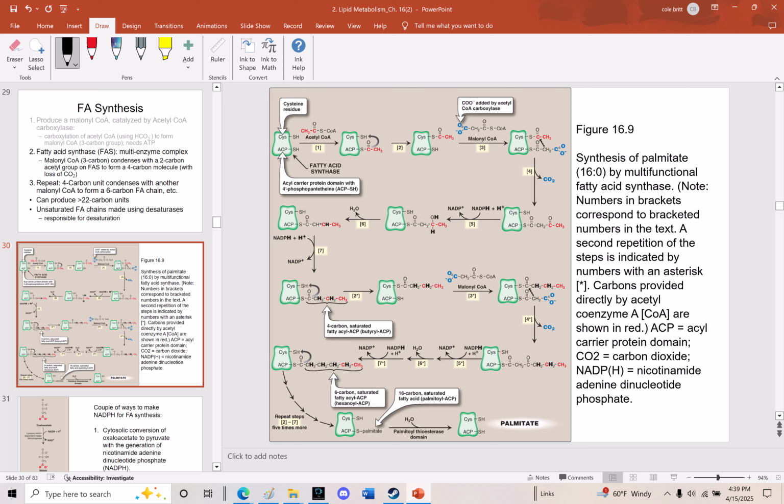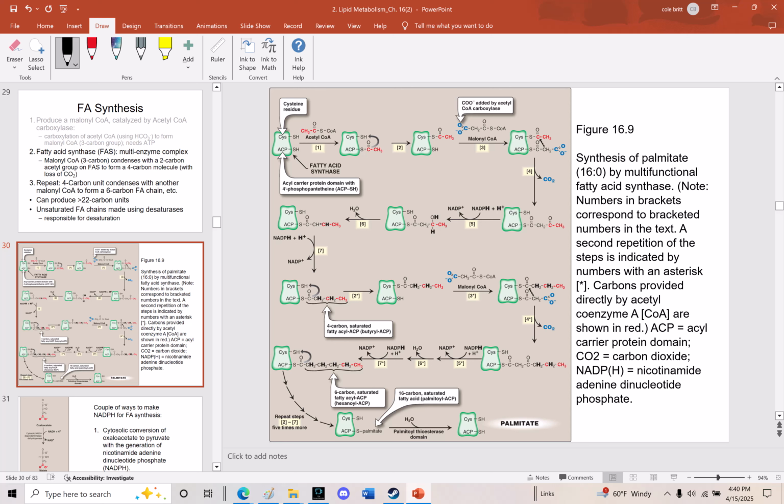So NADPH is oxidized to become NADP+. It loses its electrons, and the electrons were put on the growing fatty acid chain. So the fatty acid chain is being reduced, and NADPH is being oxidized to NADP+.